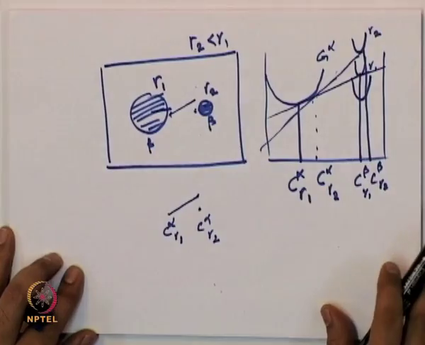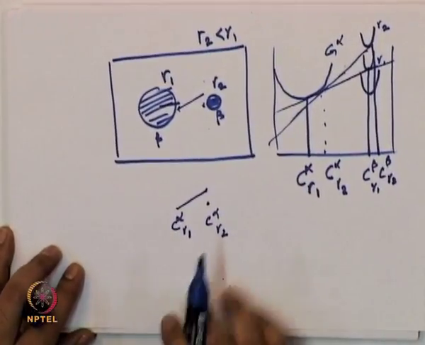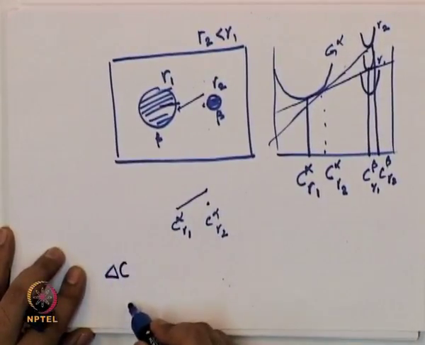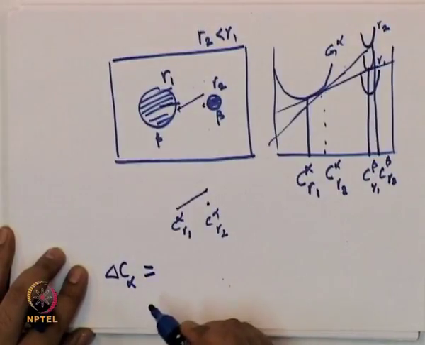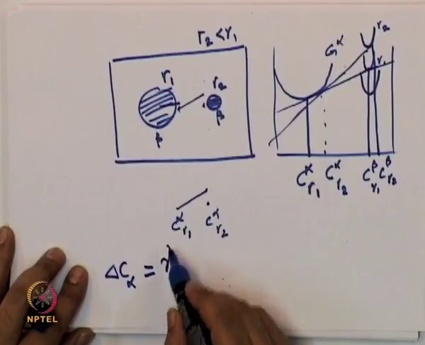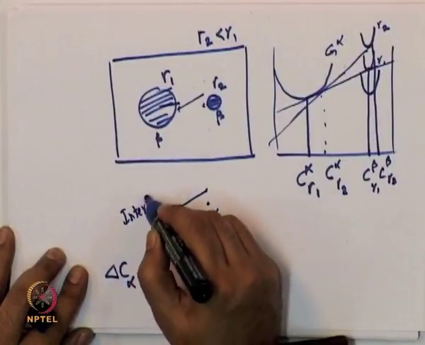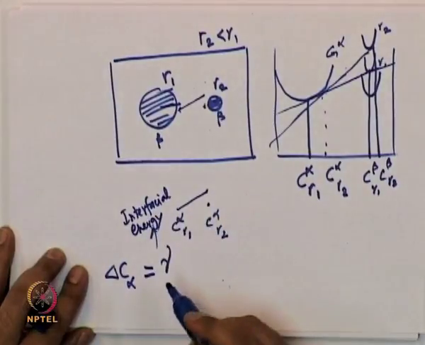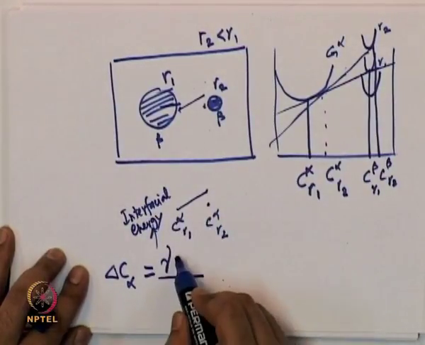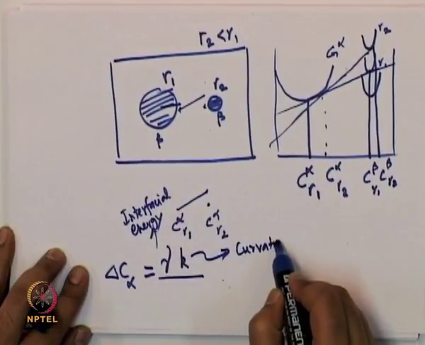It can be shown that the change in composition, suppose for the alpha or beta phase I want to know the change in composition, then that change in composition, let us say for the alpha phase, is given by an expression which is gamma, which is the alpha beta interfacial energy, and the curvature of the interface.